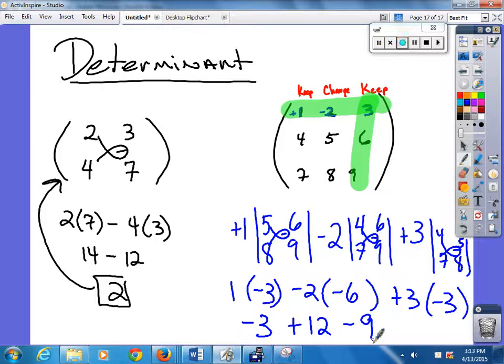And negative, what's negative 3 plus 12? Something not right. Y'all need to check my math. Oh, we're not supposed to come out with a 0. Because that would be undetermined. Check my math. 5 times 9 minus 6. 45 minus what? 48.